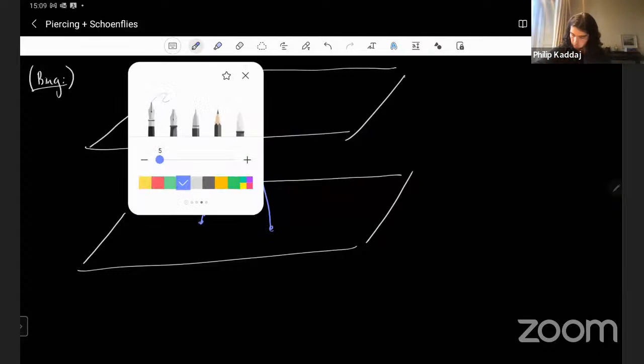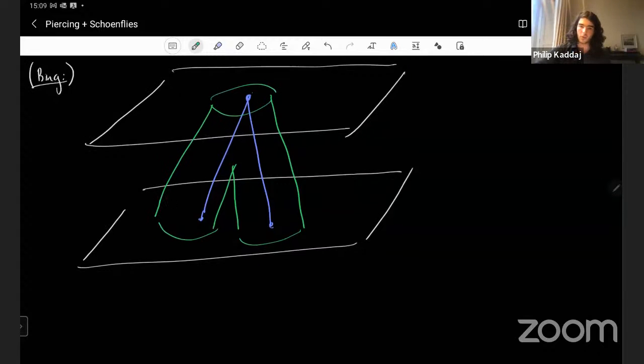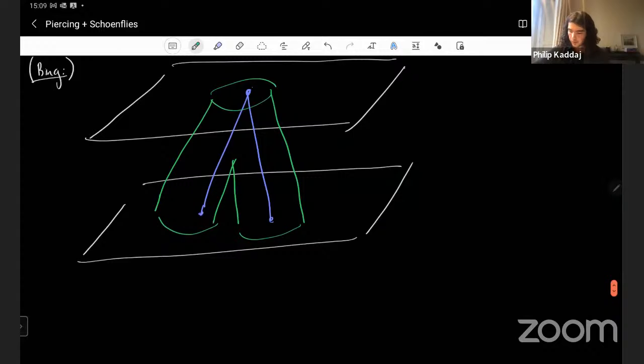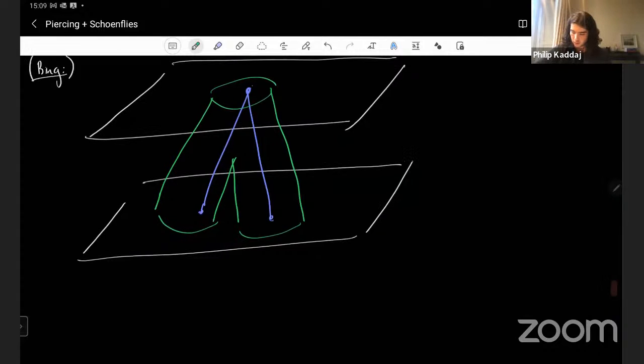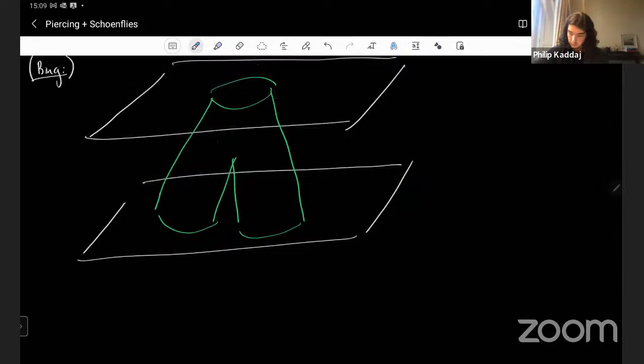And then what we do is we take a tubular neighborhood of this. Inside this tubular neighborhood, we replace these segments by hooked V's, two copies of the initial stage.